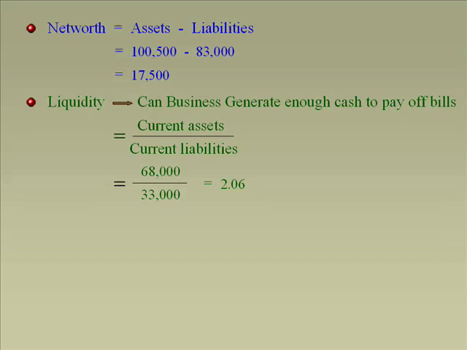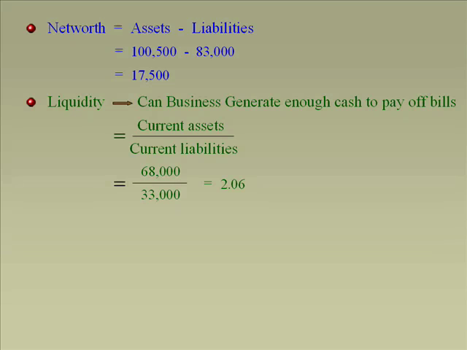2.06. Is that good or bad? The cutoff for a loan officer is 2. If you get a ratio of less than 2, they conclude that the business can't generate enough cash to pay off bills. That means they'll have liquidity problems.